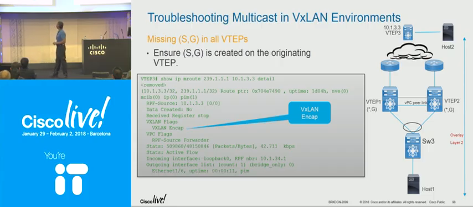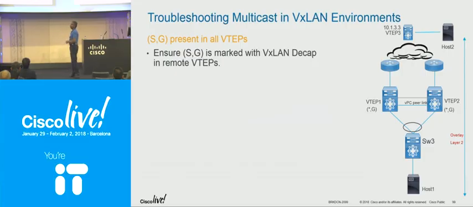The same thing holds true for the egress. If the BUM traffic is not working, log into the VTEP directly connected to the layer 2 site where the BUM traffic originates and execute show IP mroute. If you see the entry, then this VTEP is flooding fine. Let's now go to the remote site and check show IP mroute.